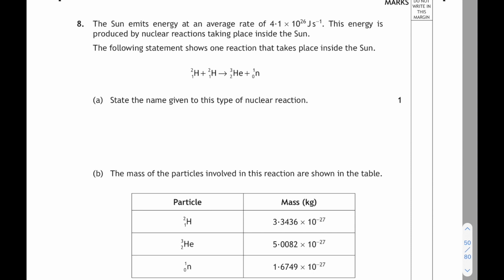The following statement shows one reaction that takes place in the sun, and it's 2 heavy hydrogen nuclei that are fusing together to form a light helium nucleus plus a neutron, and that type of nuclear reaction is a nuclear fusion reaction. So state the name given to this type of nuclear reaction. It's nuclear fusion, and watch your spelling there.